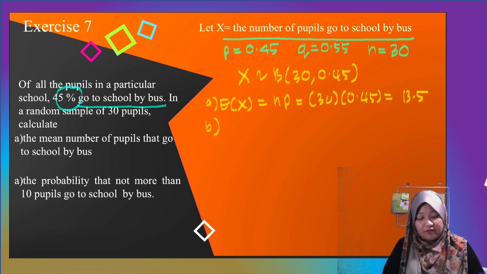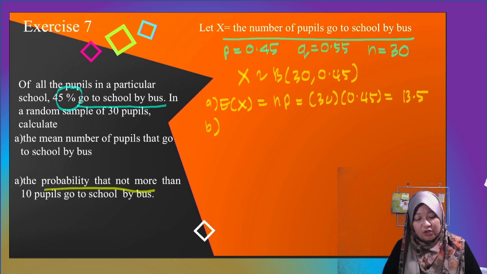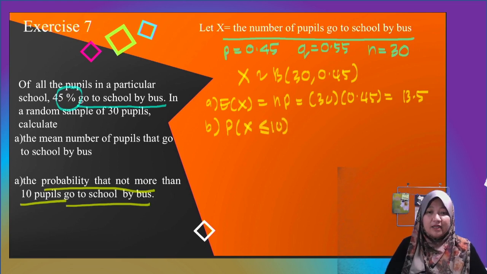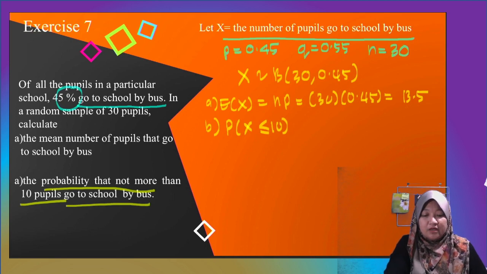Okay, B. Find the probability that not more than 10 people go to school by bus. Not more than maksudnya probability X less than or equal to 10. Okay. So, macam mana kalau kita nak guna table?